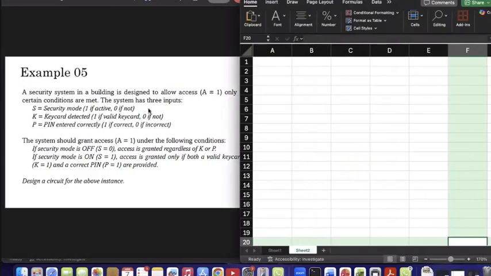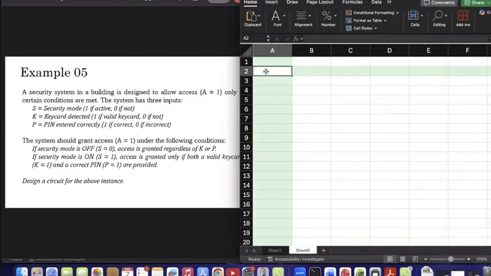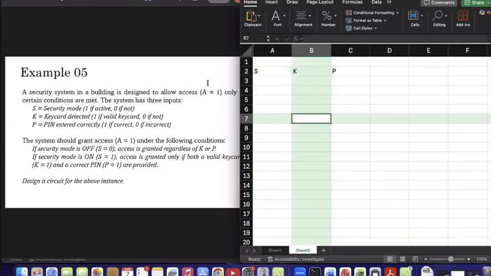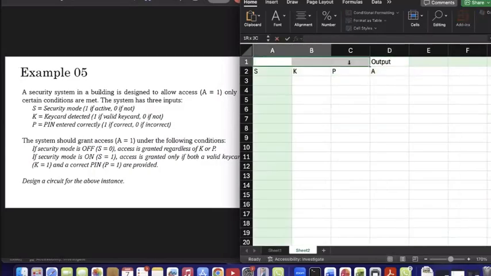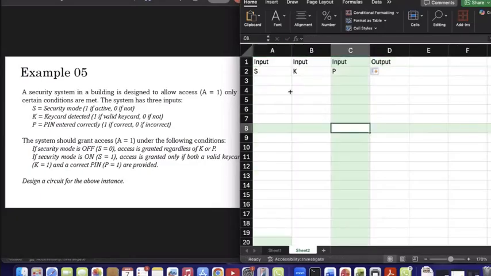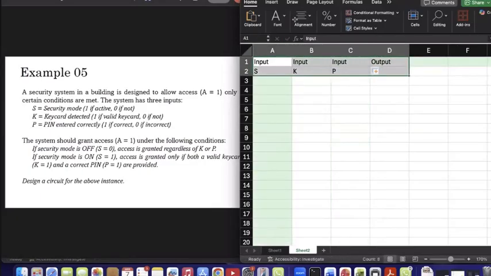The system has 3 inputs: S, K, and P. My allow access A is equal to 1 means I have only one output. So this is my output, and these 3 are my inputs. So far, is it understandable?